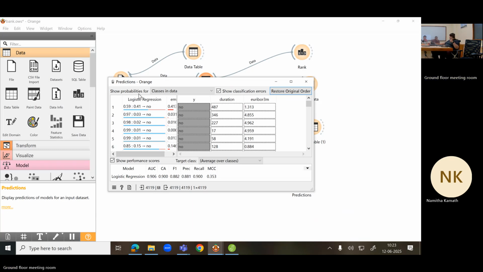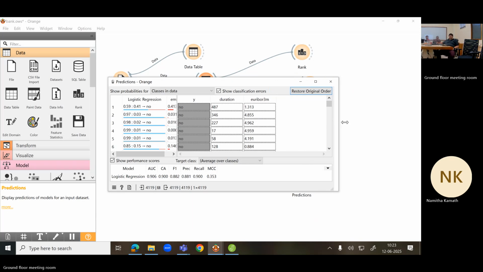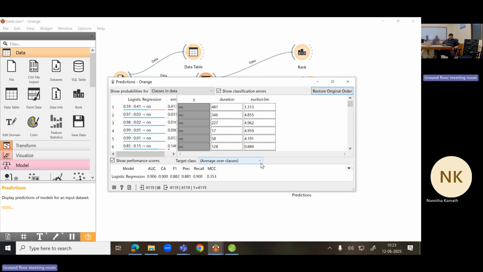You just have to supply that duration in this and you can calculate the probabilities. Now, here you have the model accuracy scores. I will explain each of these.